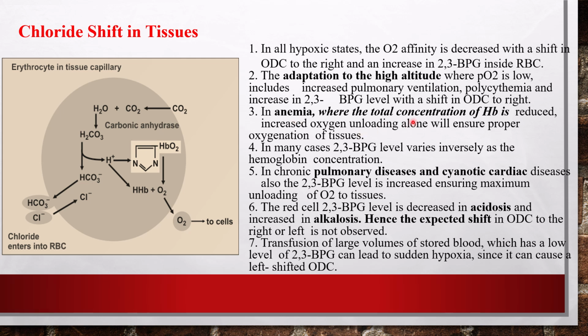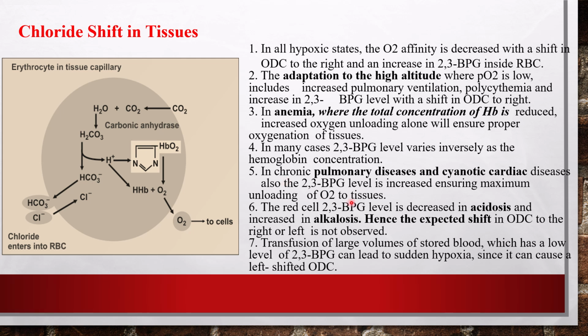So in anemia, where the total concentration of hemoglobin is reduced, increased oxygen unloading alone will ensure proper oxygenation of tissues. So in many cases, the 2,3 BPG level varies inversely with the hemoglobin concentration. In chronic pulmonary diseases and in cyanotic cardiac diseases also, the 2,3 BPG level is increased, ensuring maximum unloading of oxygen to the tissue.